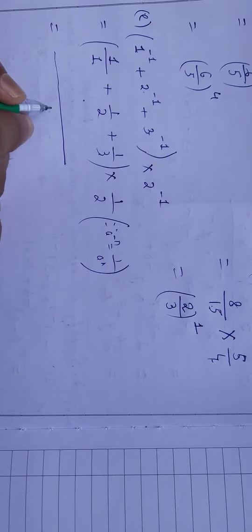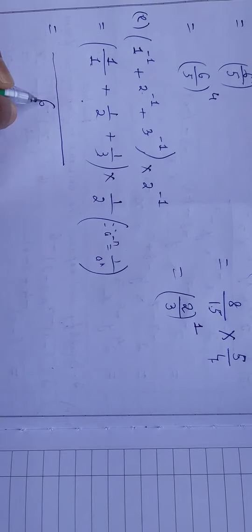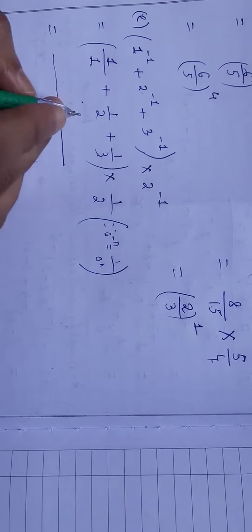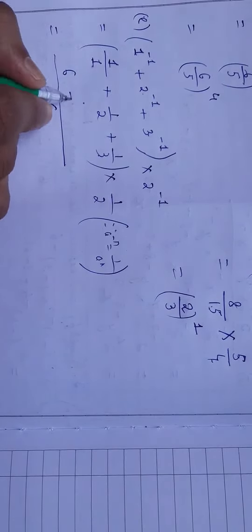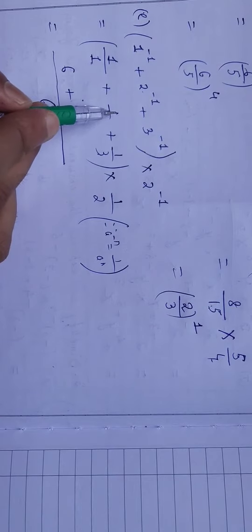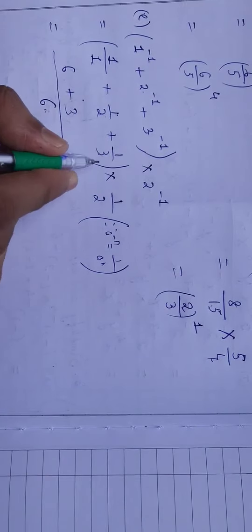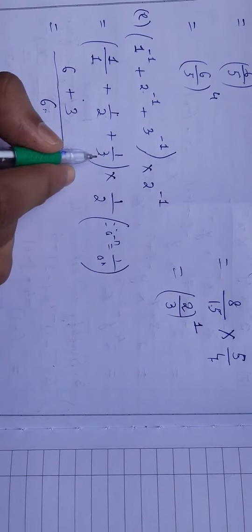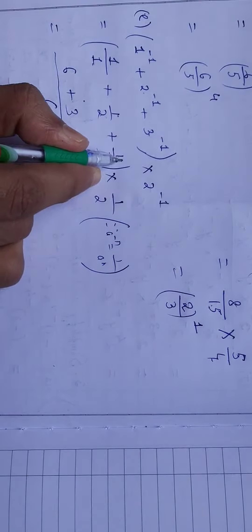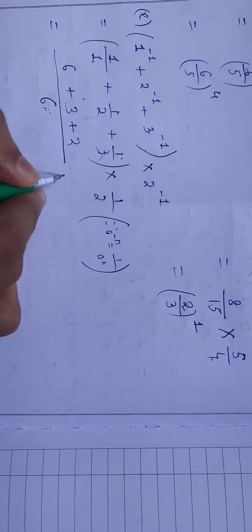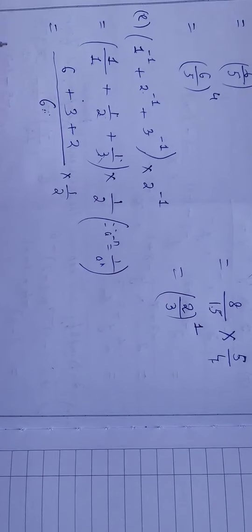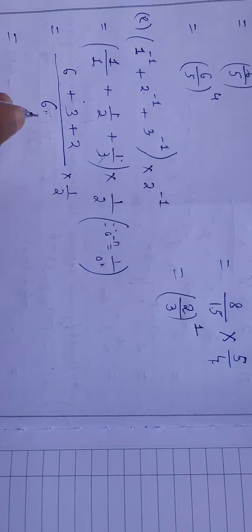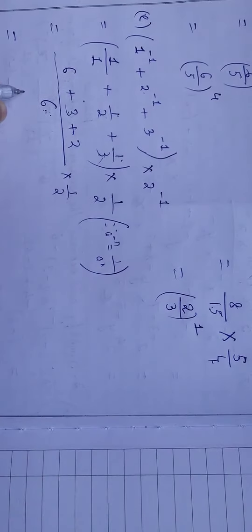LCM will be 6, so 1 into 6 is 6, plus 2 goes 3 times with 6, so 3, and then 3 goes 2 times with the 6, so 2. So it is 6 plus 3 is 9, 9 plus 2 is 11.